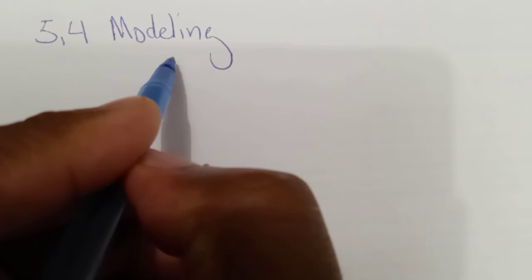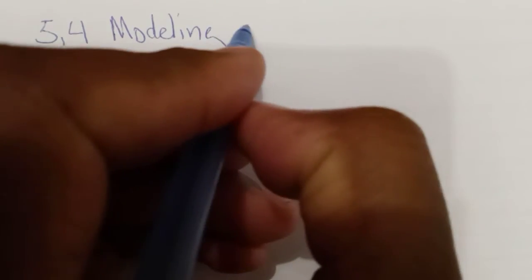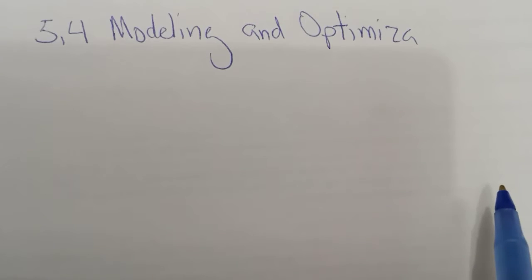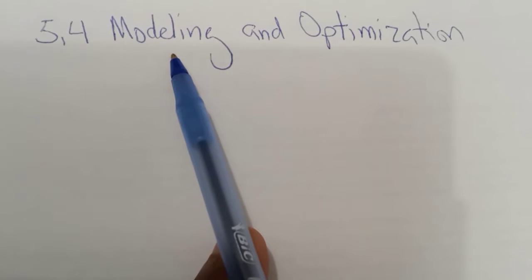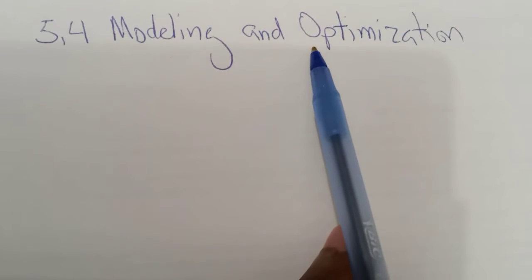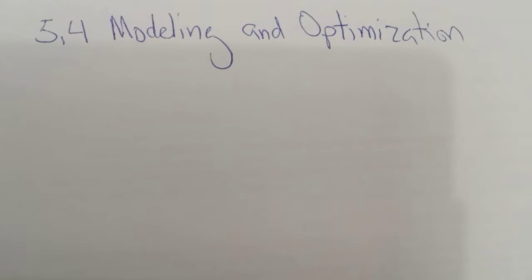Modeling means that I'm going to use graphs or paper to make the model, and then the optimization portion will be about looking at the model, the graph that you drew, and trying to figure out how to make it as big or as small as possible based on whatever question I'm asking you.